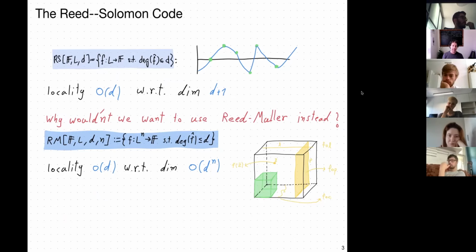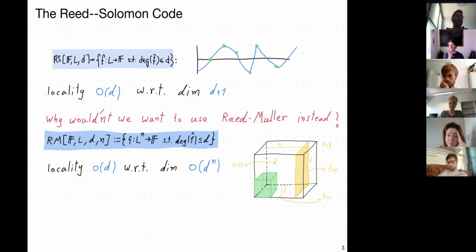Okay, so I already by accident showed it on the screen, but can anyone tell me why I would possibly want to use Reed-Solomon instead of Reed-Muller? Okay, so there is a question regarding easier testing, and in fact, we'll see that it's actually much harder to test them.